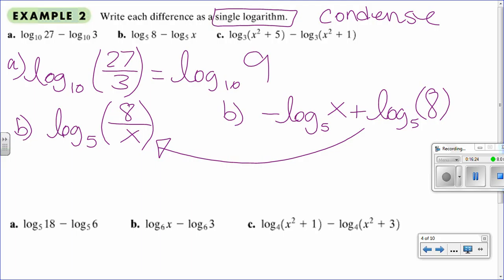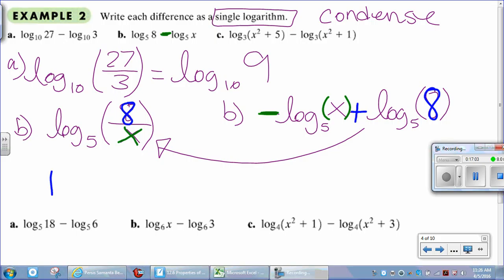What we go by is not what term is first, but what term has a negative sign in front of it when it's a log. Whatever is preceded by a negative sign, the argument for that log will have to be in the denominator. And whatever has a positive sign, like right here, even though it's the second term, the argument goes here. So if I try to trick you, you know that. If it has a negative, it's part of the bottom. All right, let's take a break, and then when we come back, you do that.